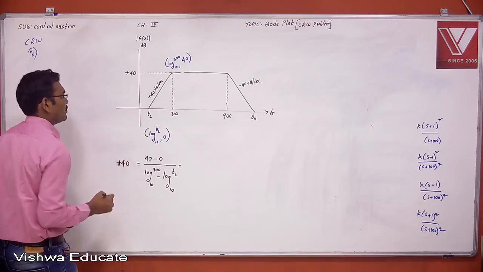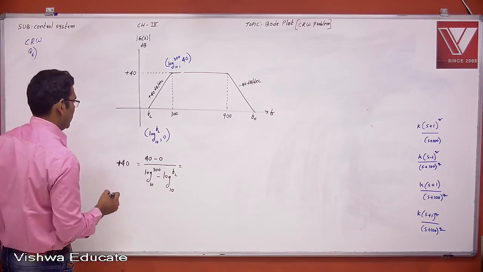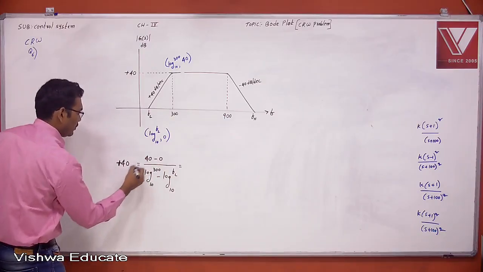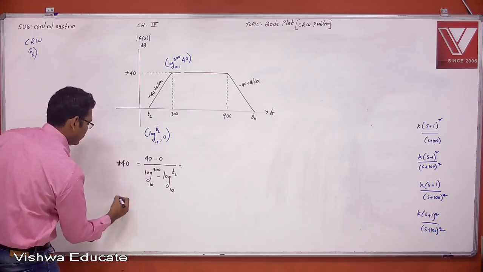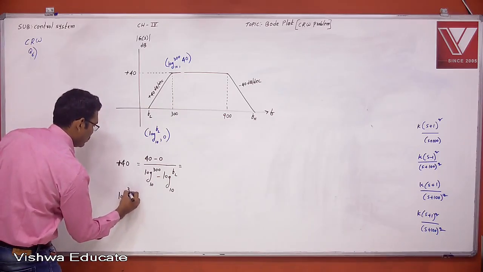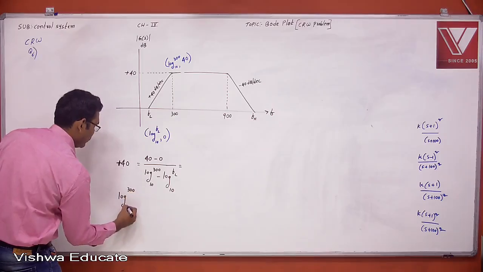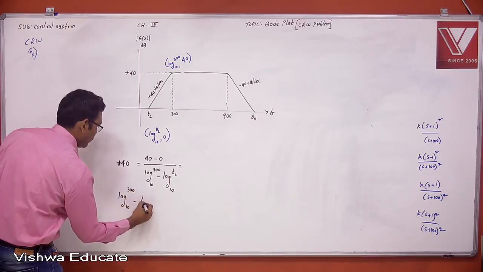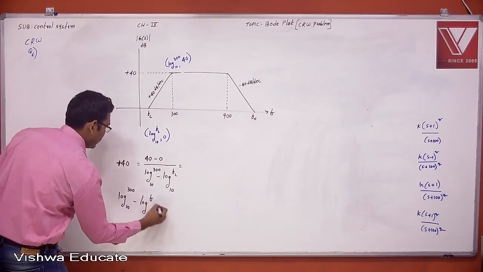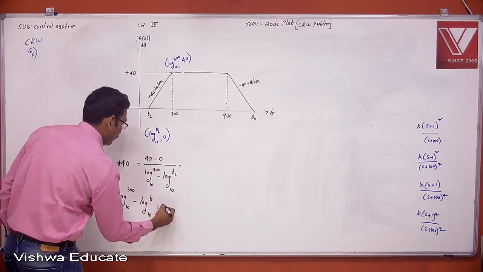Now this is nothing but 40 cancel, log 300 base 10 minus log FL base 10, which is equal to 1.